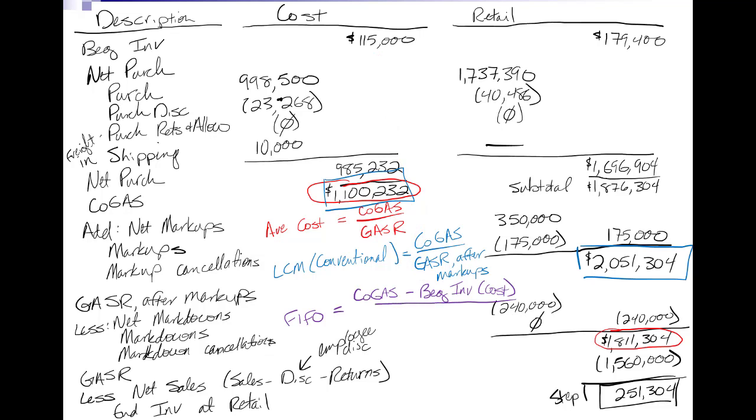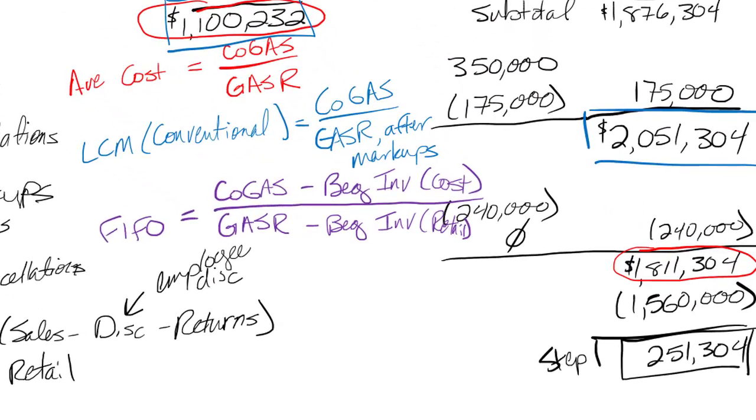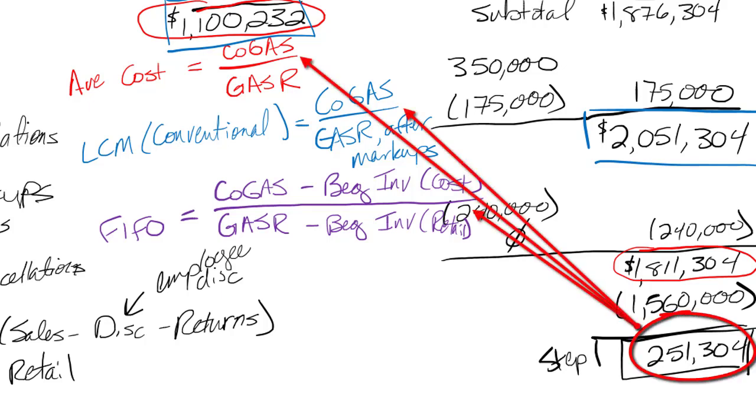And I'm going to divide by my goods available for sale at retail minus my beginning inventory at retail. So the ratios change, and calculating the ratio, well, that's step 2 of the process. And then once I have that ratio, then I multiply this 251,304 by the ratio, and that's my ending inventory number under the retail inventory method.